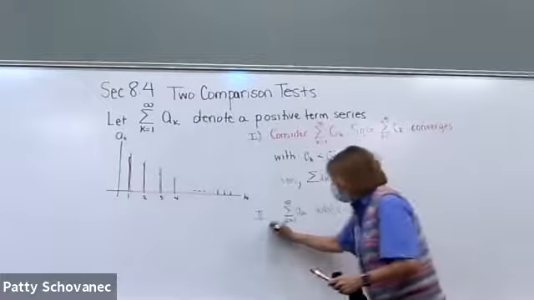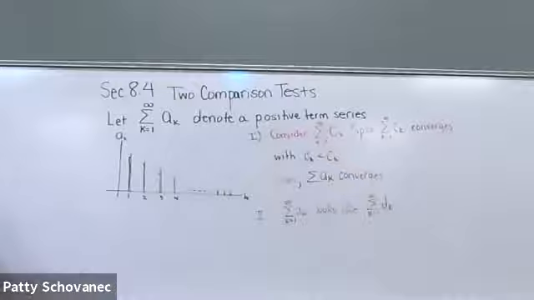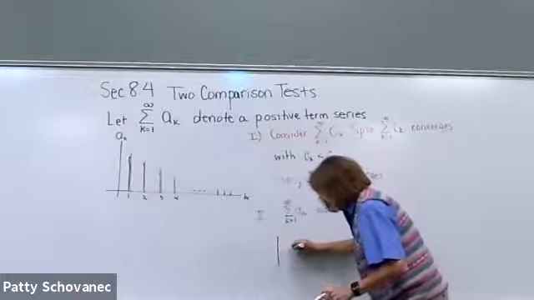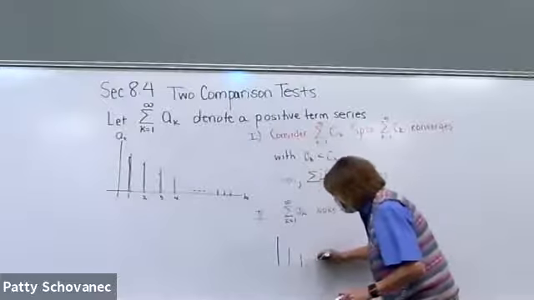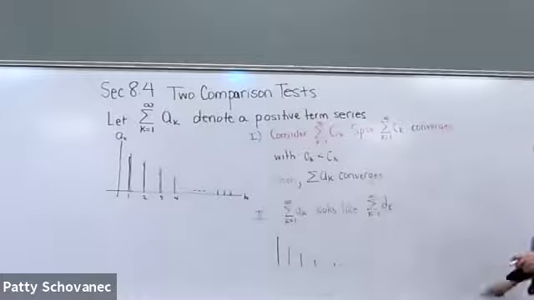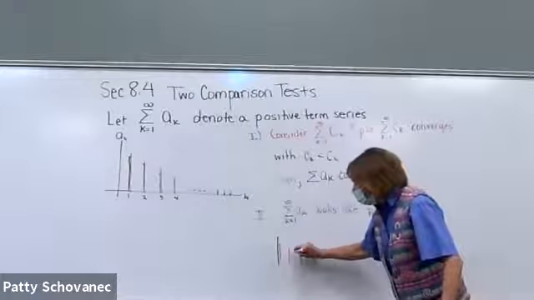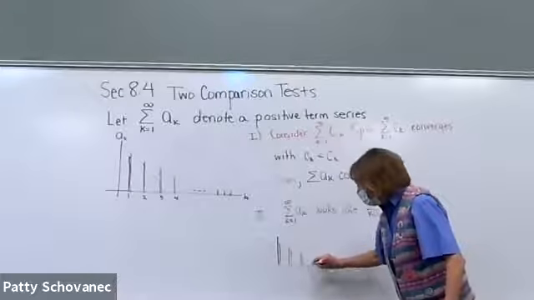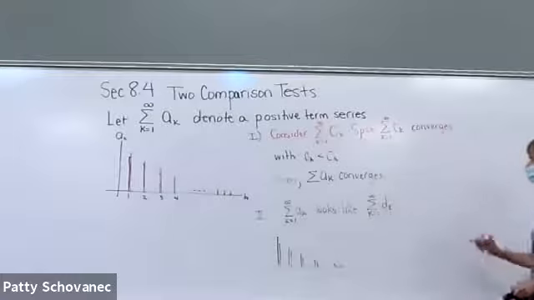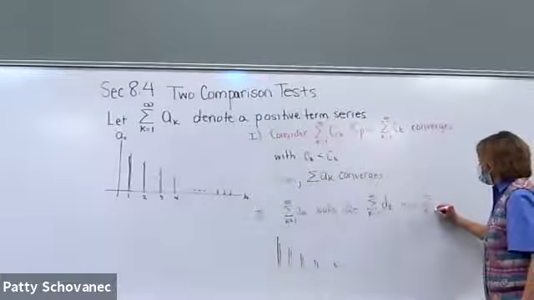Here's what the a_k's look like, just as before. Now I'm going to draw my d_k's next to them, but smaller. So all of my a_k's are bigger than the d_k's. And I know this series of the d_k's diverges.